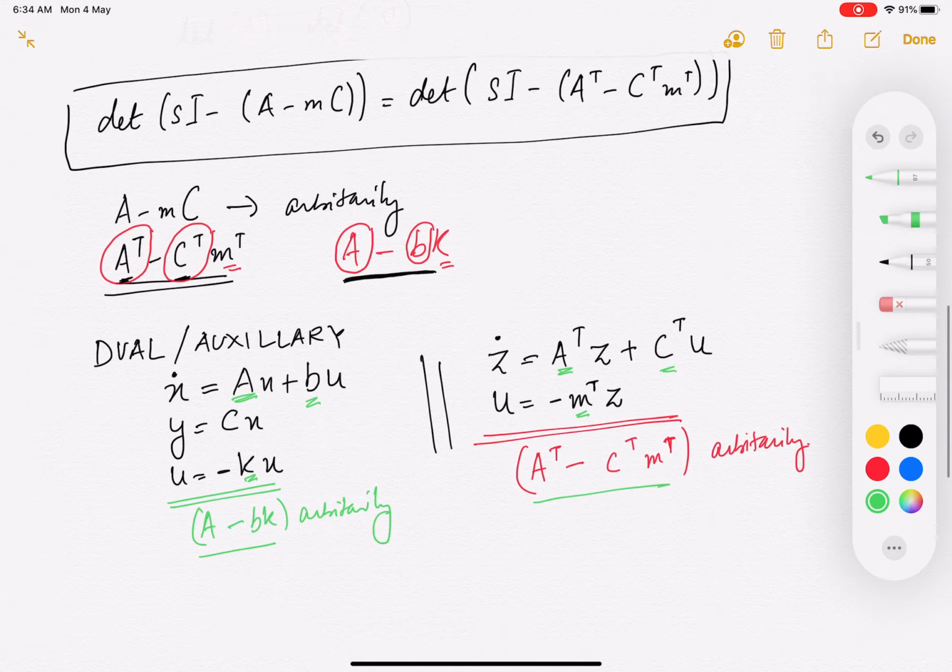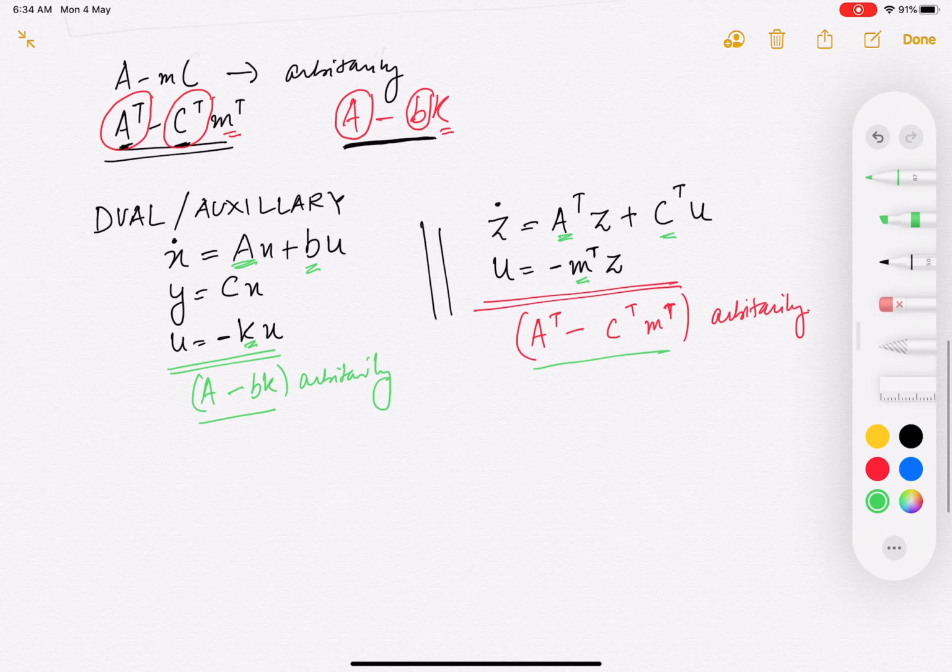So in a nutshell, when you are arbitrarily placing the poles for this control law applied on this plant, which is an imaginary plant that you have created from the actual plant, what you're doing is in effect arbitrarily placing the poles of A transpose minus C transpose M transpose.